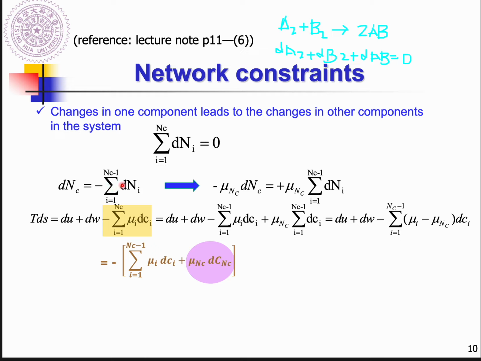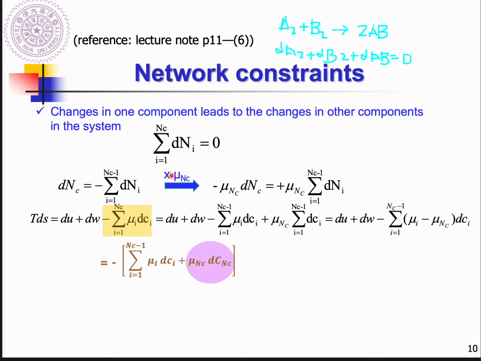If you don't know why, you can just move this term to the left-hand side, and you will find that this term plus this term equals 0. The same idea. So that's times mu NC together, giving mu N minus mu NC times dNC.